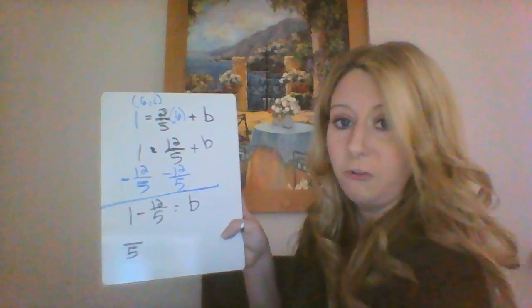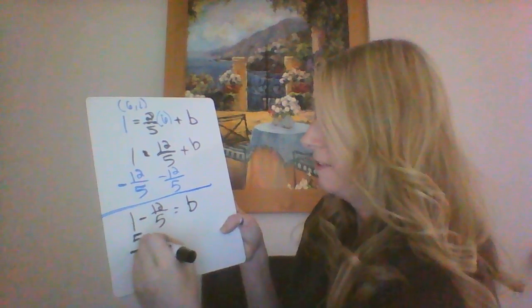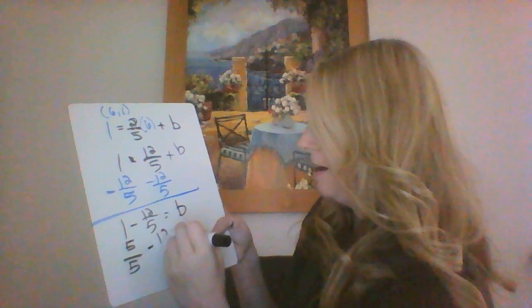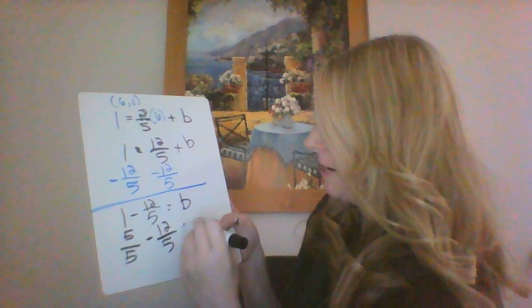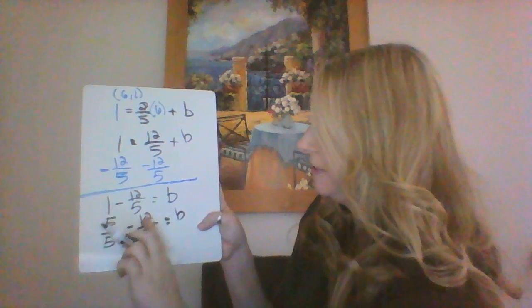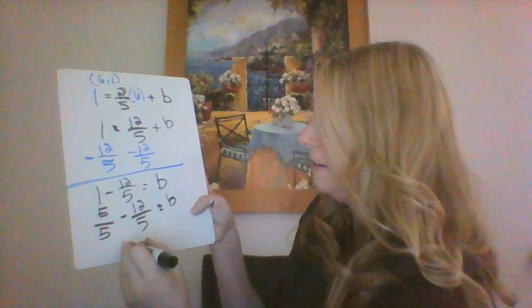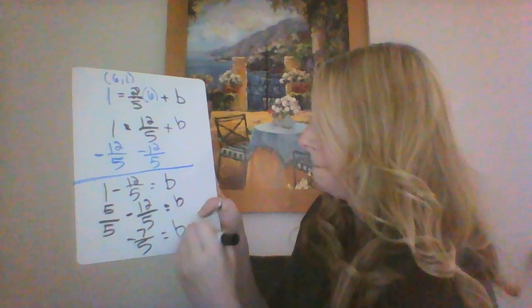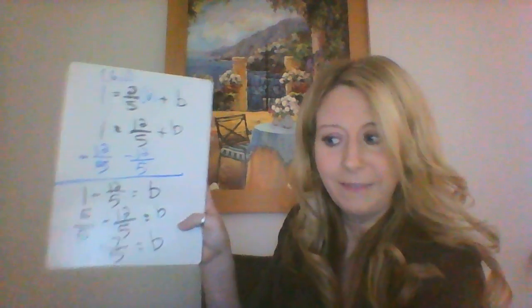So 1 we could rewrite as 5/5. Now that we have the same denominator, we're ready to subtract. 5 minus 12 would be -7, and keep the 5 on the bottom. So we now know b equals -7/5.